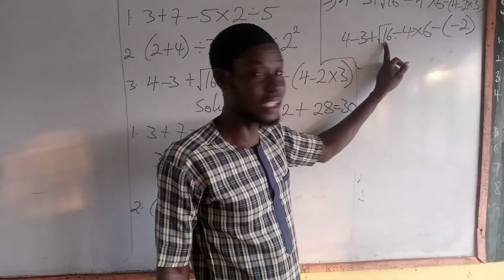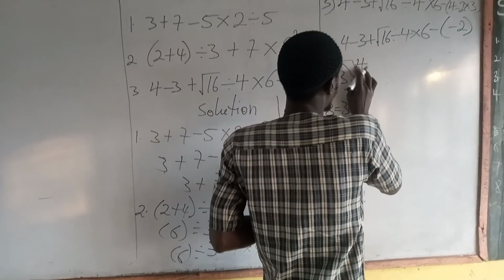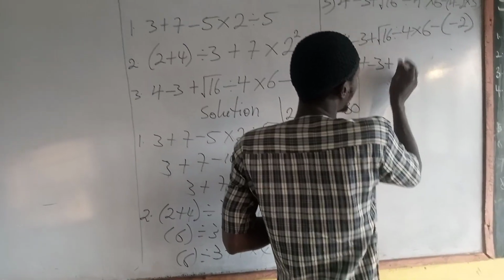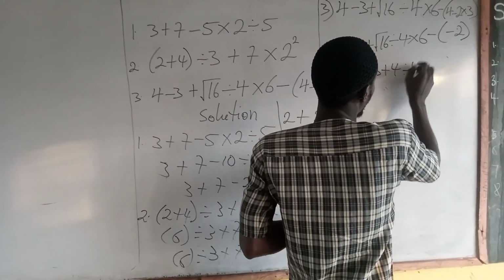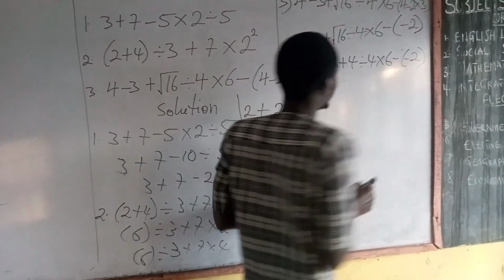So here we have a term with square root, square root of 16. We are going to have 4 minus 3 plus square root of 16 will give you 4, divided by your 4, times 6, minus bracket, which will be minus 2.